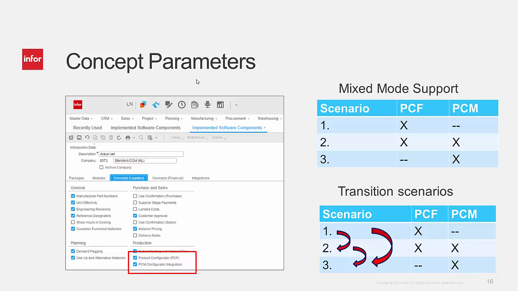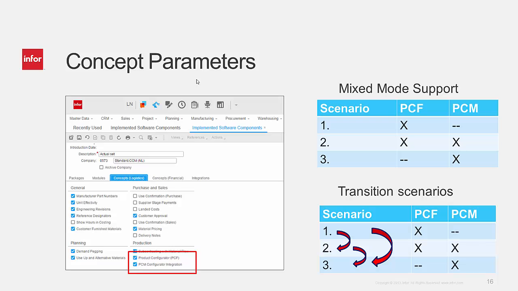The preferred scenario when we integrate with PCM is of course the scenario where you use solely PCM for product configuration. But this might pose a challenge for our current PCF customers, as they have invested a lot of time and effort in building their models within PCF, and these are not easy to convert into PCM models.